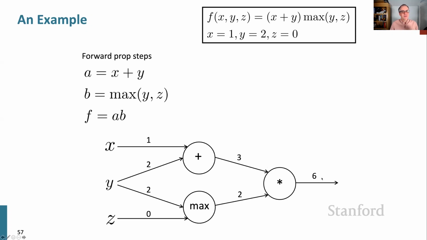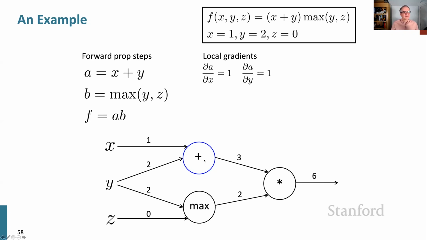The max is 2. We multiply them, and that gives us 6. Okay, so then at that point, we want to work out how the backpropagation steps work. And the first part of that is working out what our local gradients are going to be.